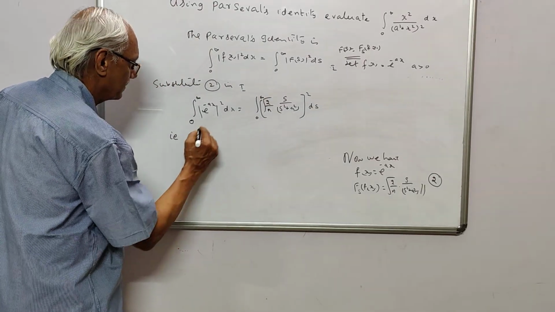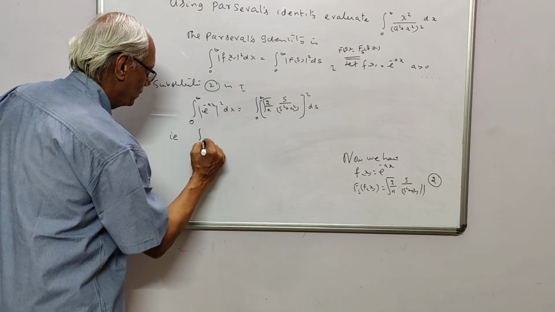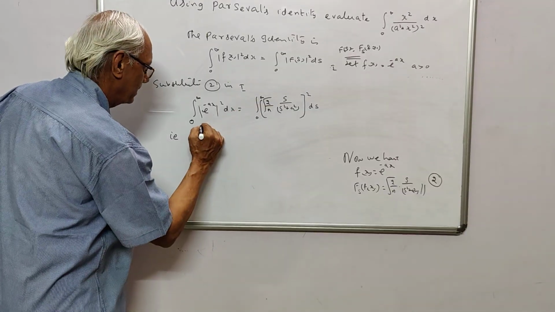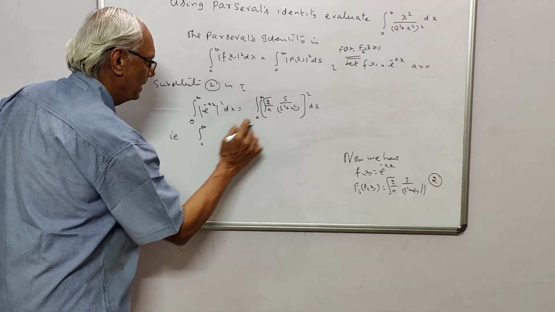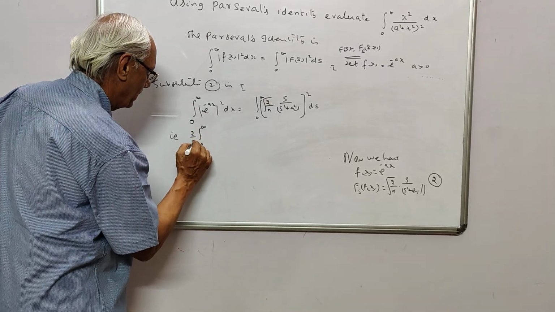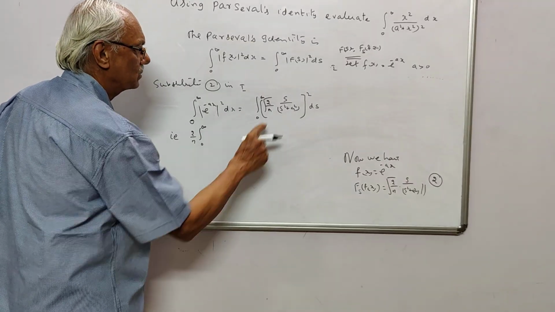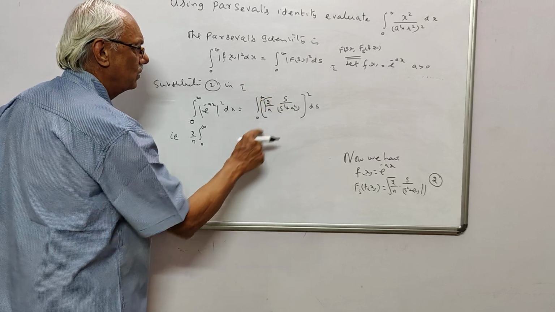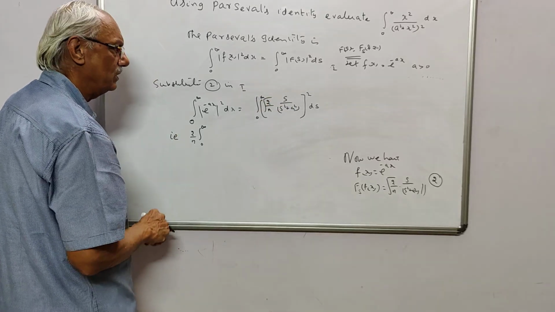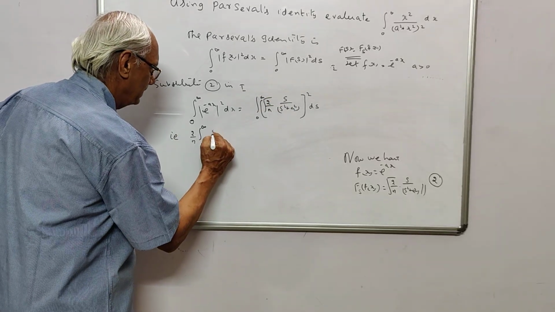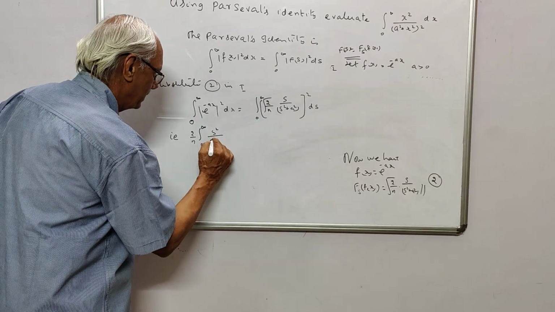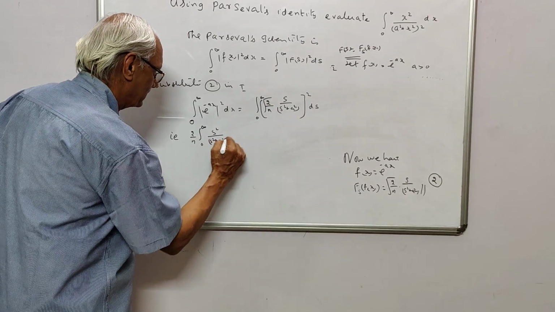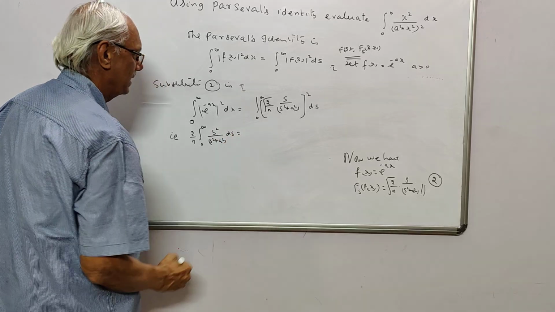That is, the integral from 0 to infinity, take 2 by pi, the square of the square root of 2 by pi is simply 2 by pi, and this is s squared divided by s squared plus a squared whole squared into ds.